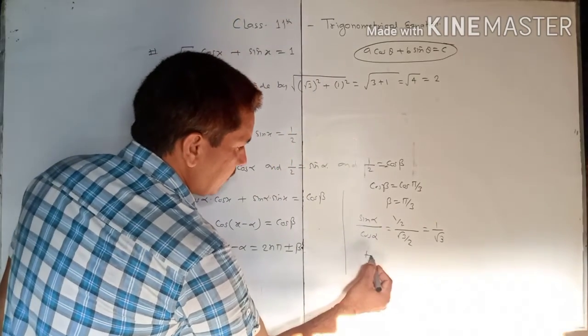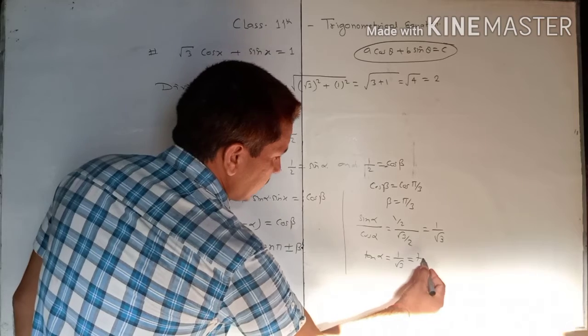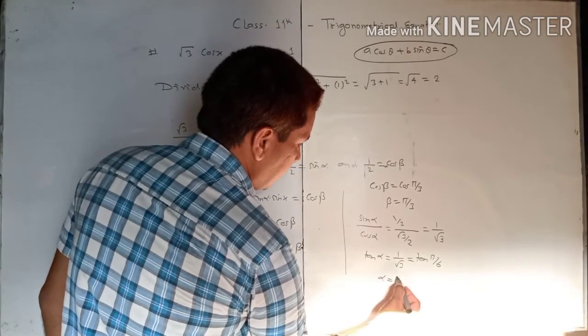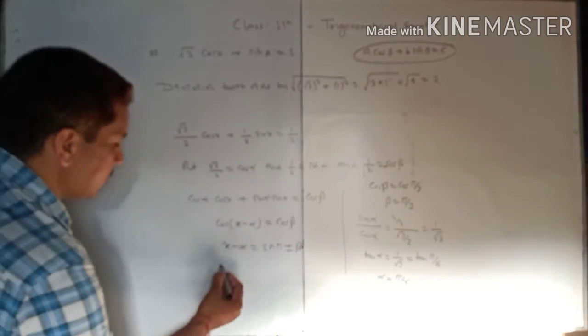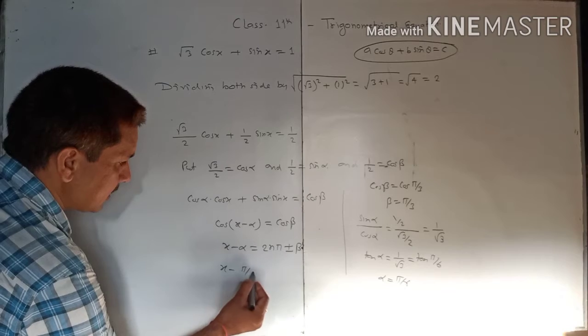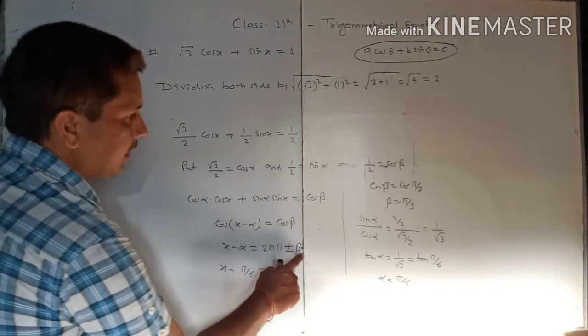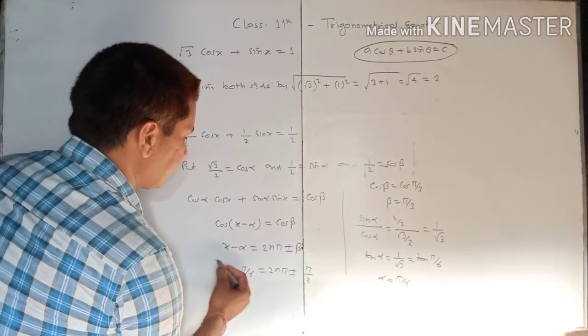Sin alpha by cos alpha means tan alpha is equal to 1 by root 3. 1 by root 3 means tan pi by 6. So alpha is equal to pi by 6. So put the values of alpha and beta. So x minus pi by 6 is equal to 2n pi plus minus beta. Beta means pi by 3.